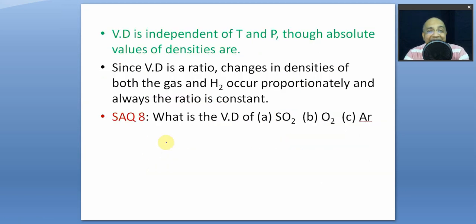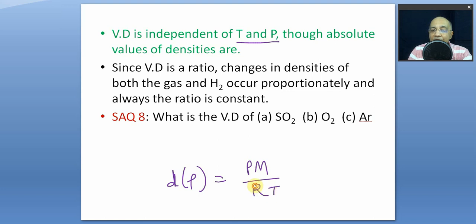Now, VD is independent of temperature and pressure. Although the absolute densities are dependent on P and T, we knew that density rho is equal to PM by RT. So it is dependent not only on the molecular mass but also on P and T. But the vapor density, capital D, is only related to molecular mass.